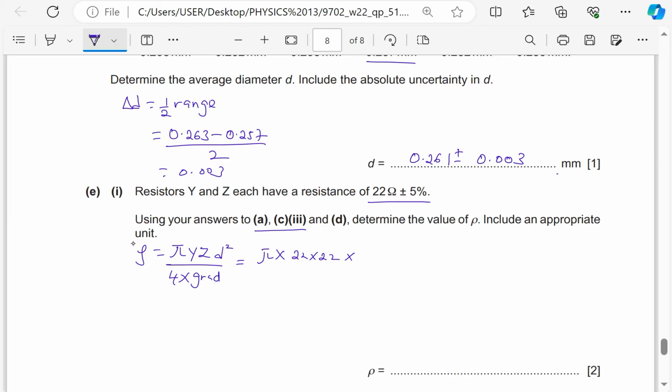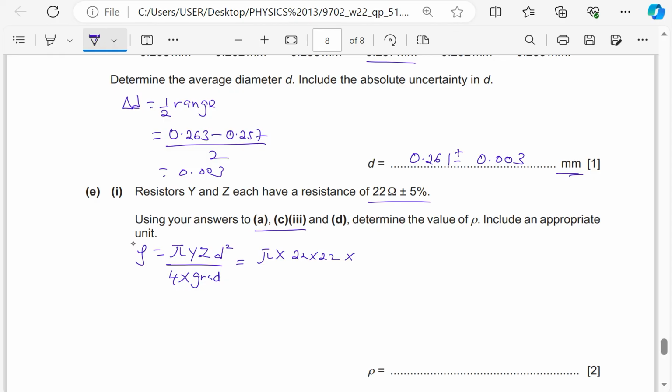The diameter here is in millimeters. So because the gradient is going to be in centimeters per ohm, I'll change D. Okay, I'll leave D in millimeters. There's no problem with that.